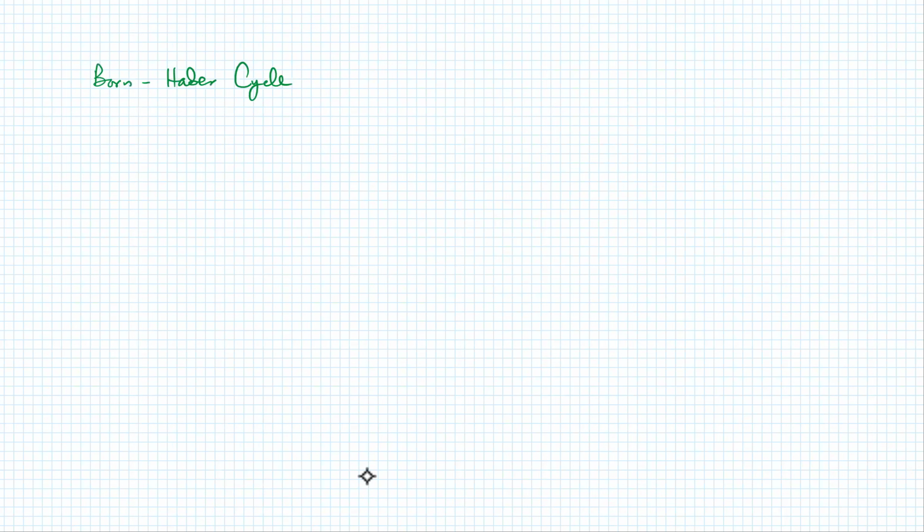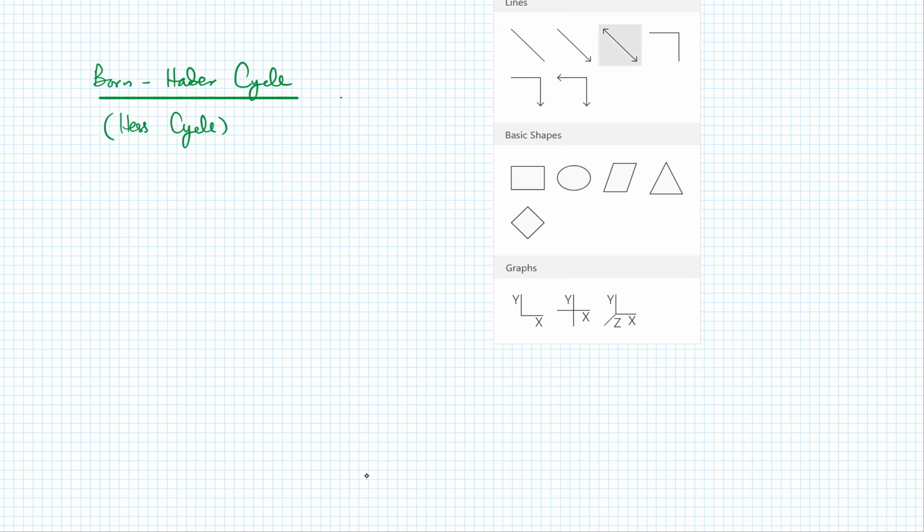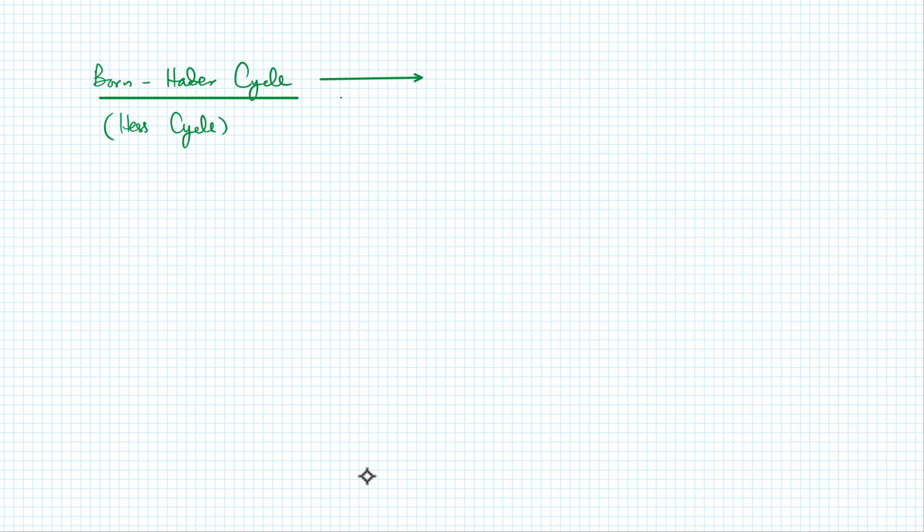So you've got your Born-Haber cycle, which is basically just a Hess cycle. And this Born-Haber cycle was specifically used for calculating lattice energy, because last time we had discussed that it's very hard to calculate lattice energy directly.